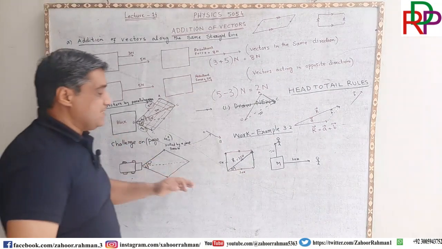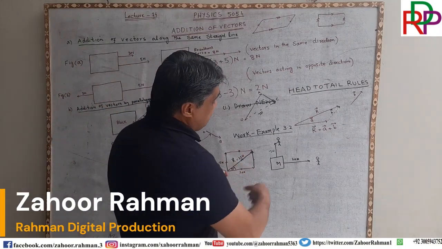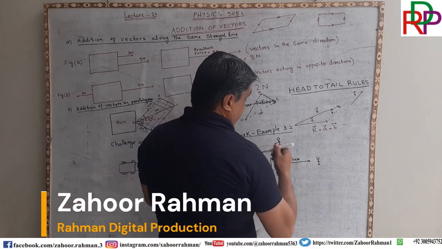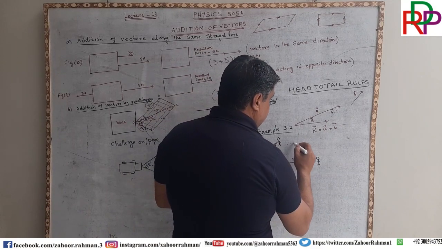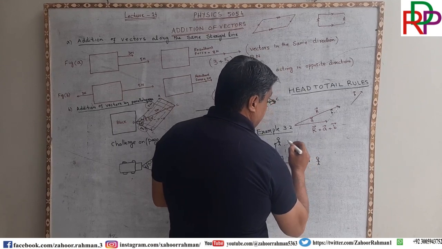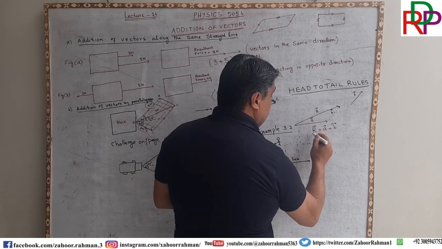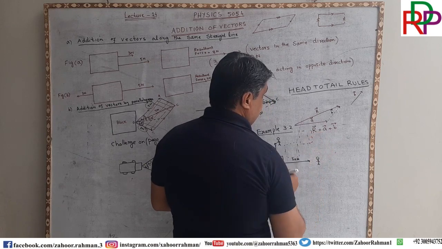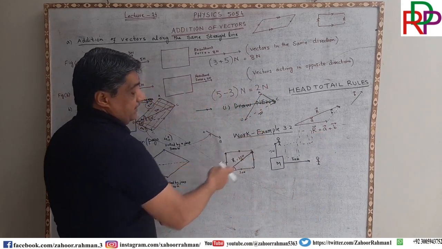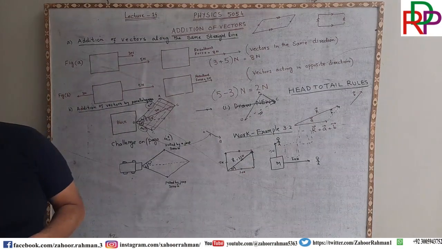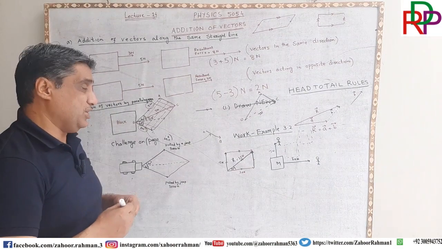So it means that this block will move with the 37 degree in this way. So there will be a 27 degree and it will be moving in this particular direction.